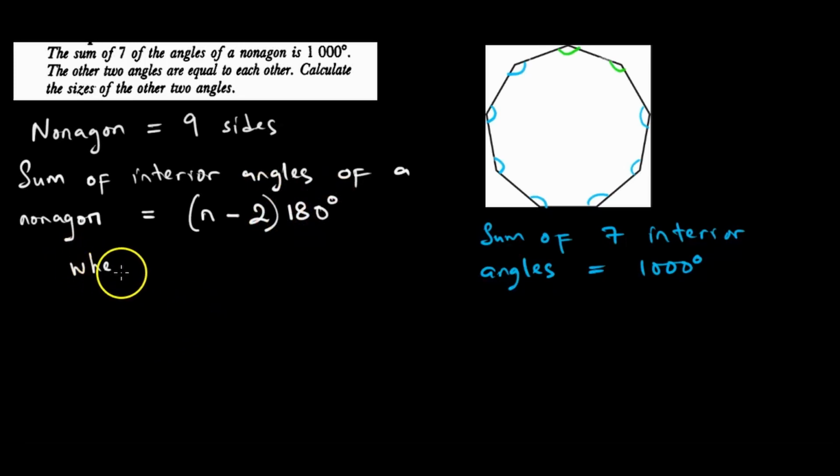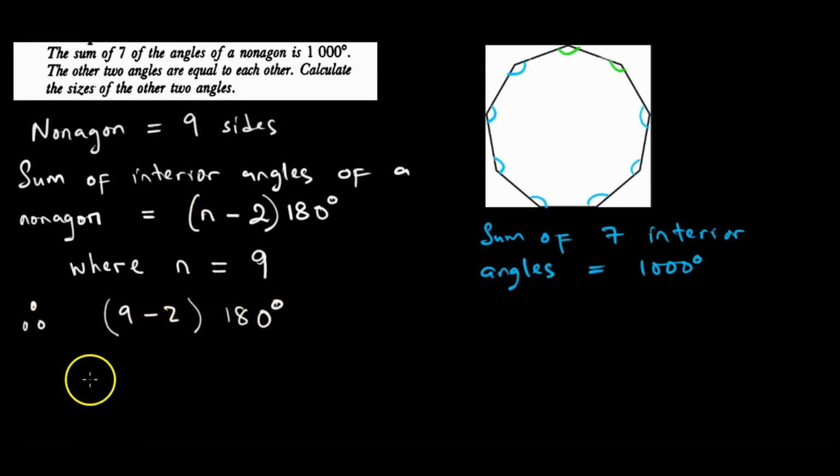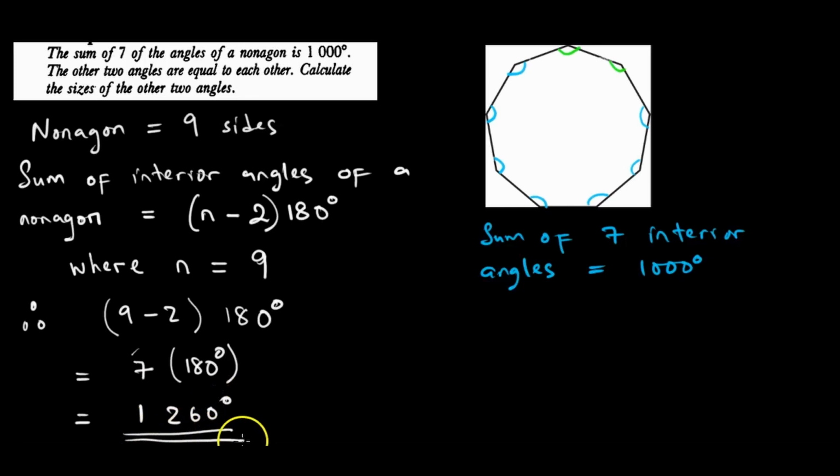For a nonagon, n is equal to 9 because it has 9 sides. So we replace n with 9: (9 minus 2) multiplying 180 degrees, which is equal to 7 multiplying 180 degrees. 180 multiplying 7, we get 1260 degrees.